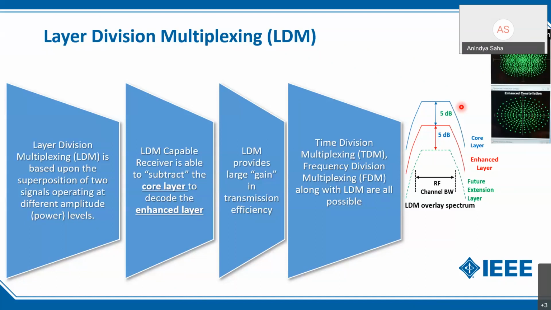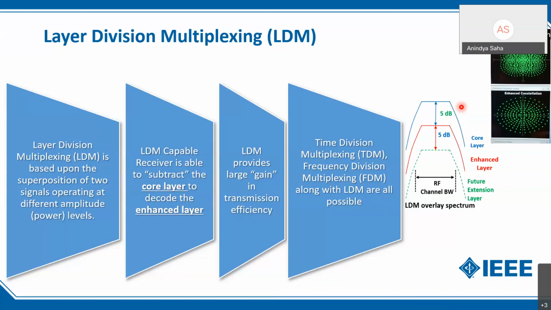So what LDM does, in a sense, is that it gives the broadcaster the ability to serve two types of customers at the same time using the same spectrum. One is the mobile customer, the other is the customer who is viewing the rooftop reception on a fixed TV. So that is the beauty of LDM.